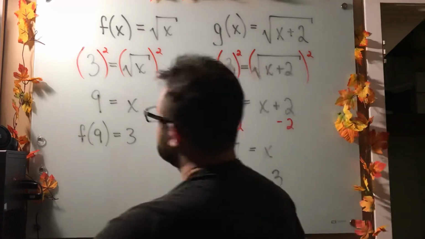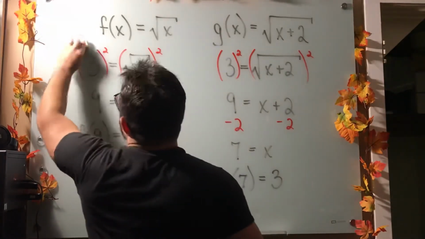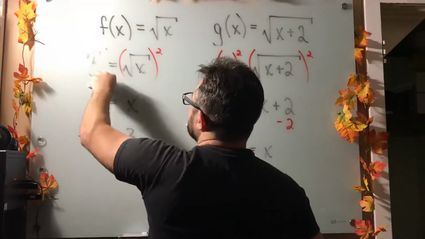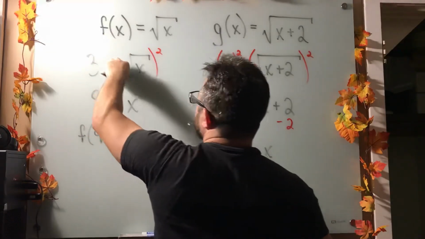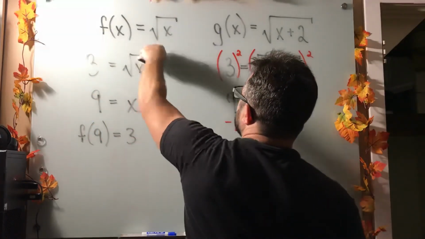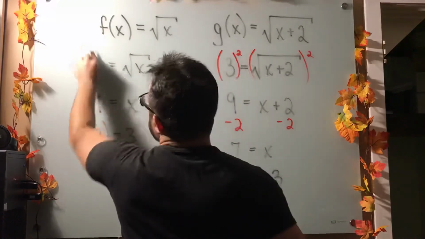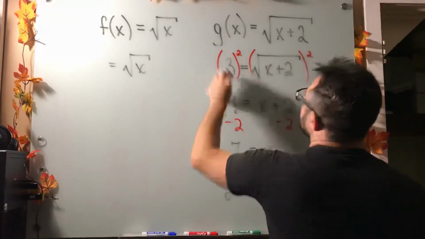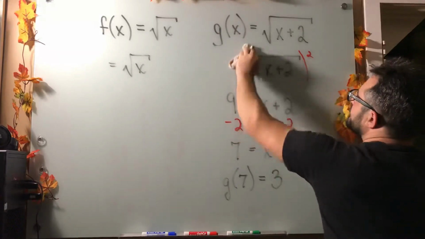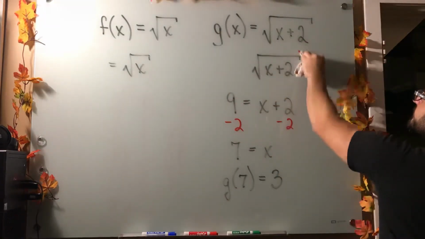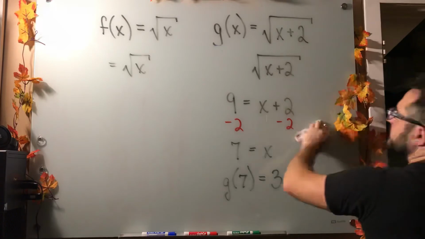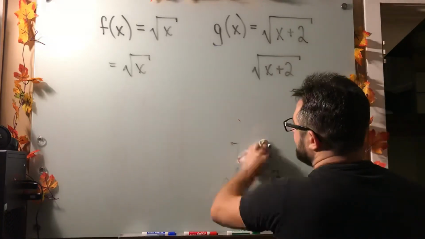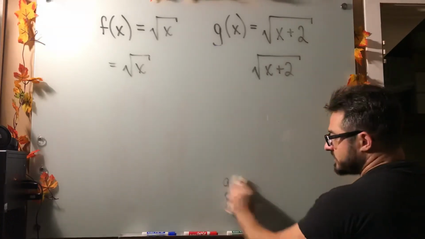Let's do another ordered pair here. This time, now we can choose any y value in the range of the function.